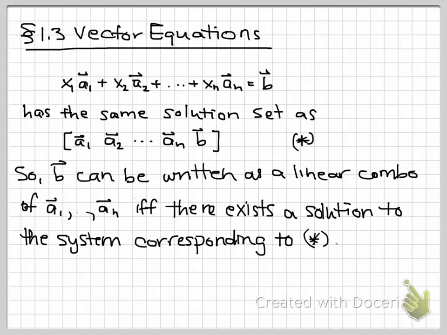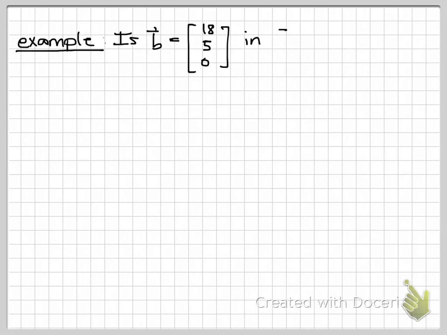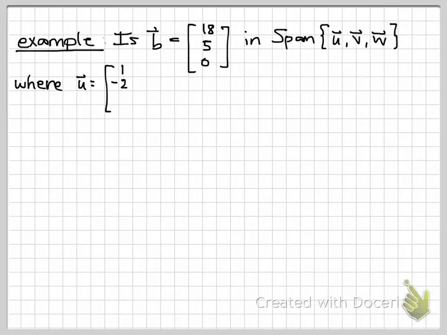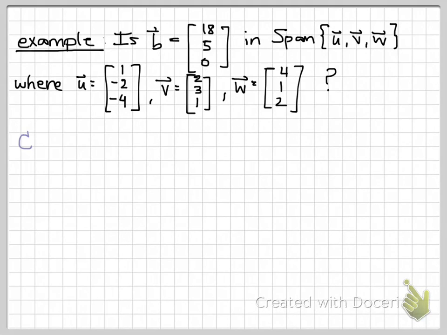Alright, so let's look at an example. Is this vector b in the span of u, v, w, where u is the vector 1, negative 2, negative 4, v is the vector 2, 3, 1, and w is the vector 4, 1, 2? So we can couch this as a question with the matrix.